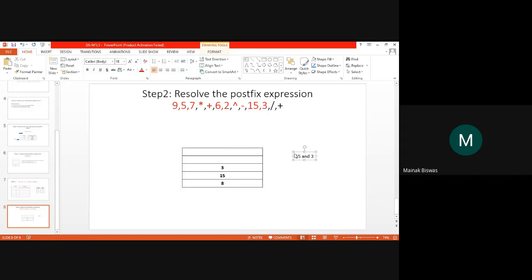So 15 by 3 is how much? 5. Okay. So 5 is again pushed into the stack.